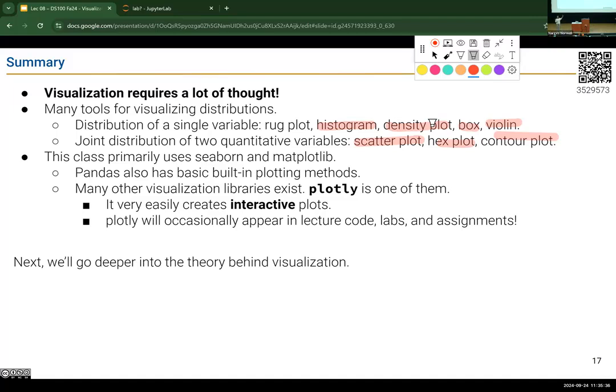We don't want you to know the syntax of Plotly, but now that you understand the different types of plotting functions and the science behind deciding what function to use or what kind of visualization to use, then you can understand Plotly as well. We highly recommend you go read about it and learn about it. And maybe in a future version of Data 100, we will also incorporate Plotly into the curriculum. It's just that Data 100 is so packed that I can't fit in one additional slide into the lectures, as you might have guessed.